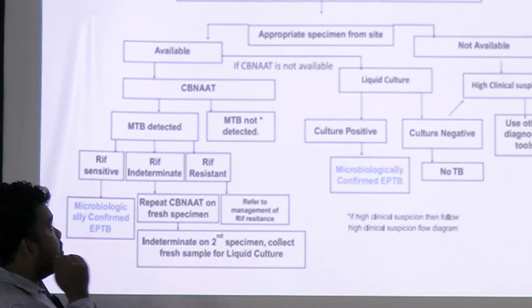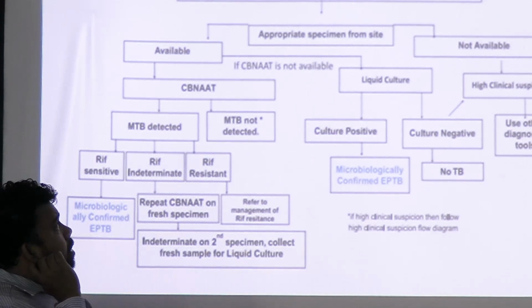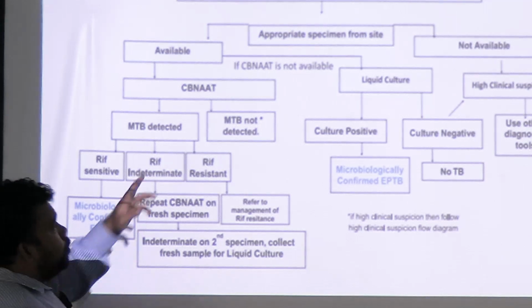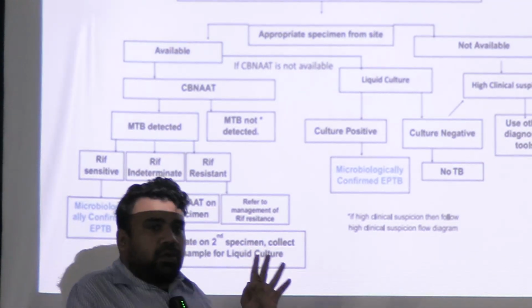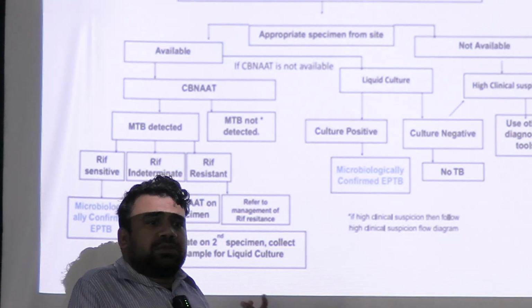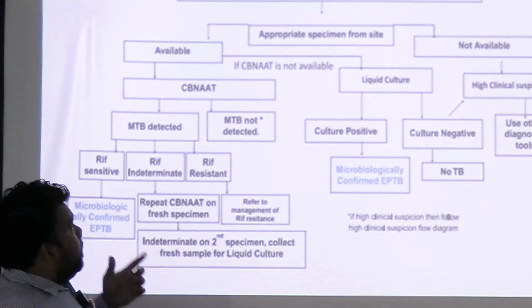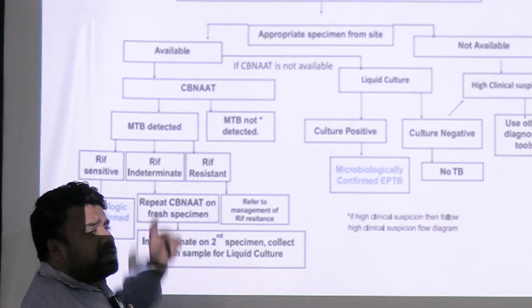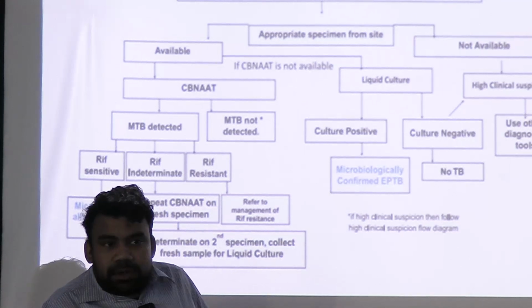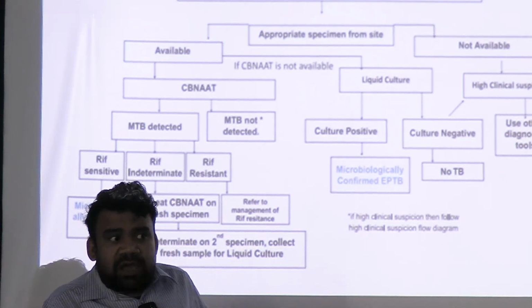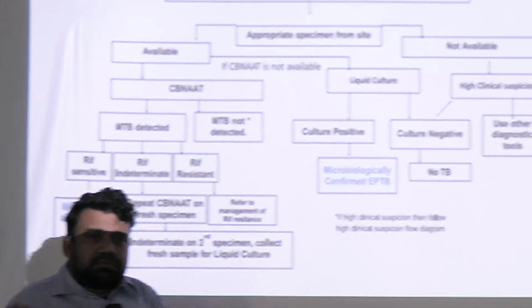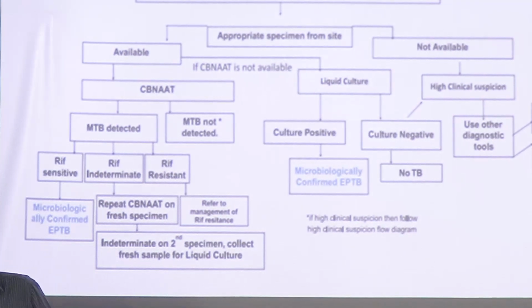If we have a patient who is suspected to have extrapulmonary tuberculosis, then we take the appropriate specimen from the site, whatever it may be, depending on the clinical manifestation of the patient. Then we need to decide whether CBNAAT testing is applicable or not. It's not a question of availability, it's applicability. Keep in mind, all samples cannot be tested by CBNAAT.